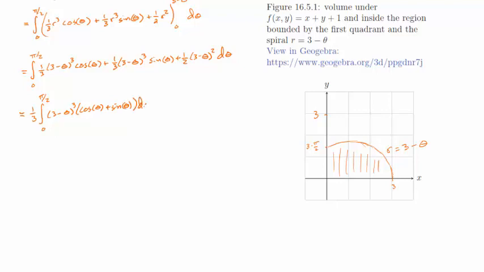I haven't actually moved forward on this, but I think this is going to be a nice way. And then plus 1/2 integral from 0 to pi over 2 of theta minus 3 squared d theta.